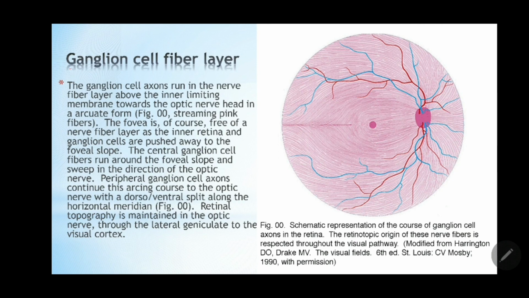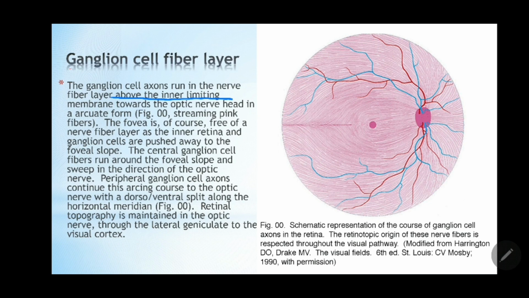So let's read about the ganglion cell fibers. Ganglion cell axons run in the nerve fiber layer above the inner limiting membrane. Now don't get confused with the word above the limiting membrane. These fibers are actually running above, meaning when you are sitting in the vitreous chamber and looking posteriorly at the retina, you will find the first layer is the inner limiting membrane.